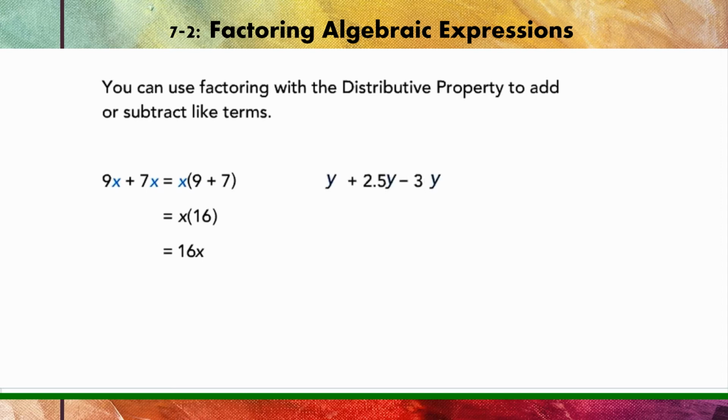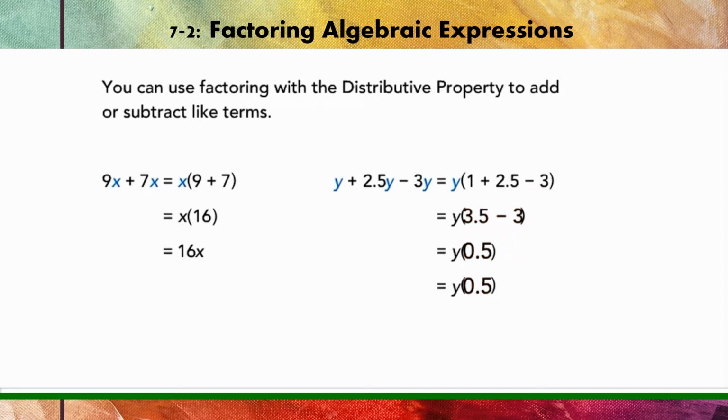To combine these three like terms, factor out the y. So, y plus 2 and 5/10 times y minus 3 times y equals 5/10 times y.